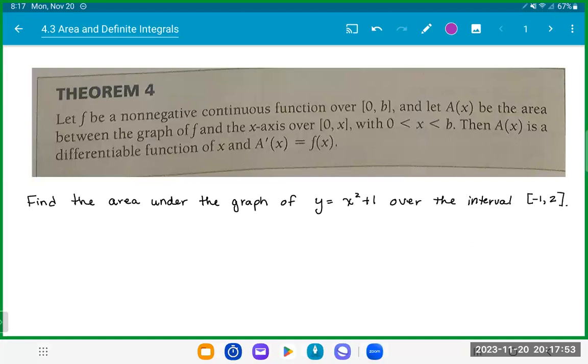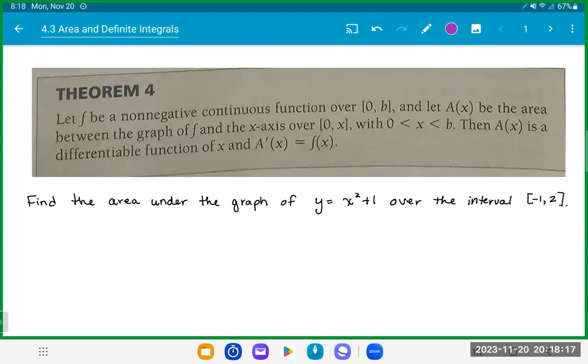All right, it is 8:17. So let's go ahead and continue on with the remainder of tonight's lesson. So we're going to move into section 4 or section 3. And in this section, we're going to look at the area and definite integrals, right?